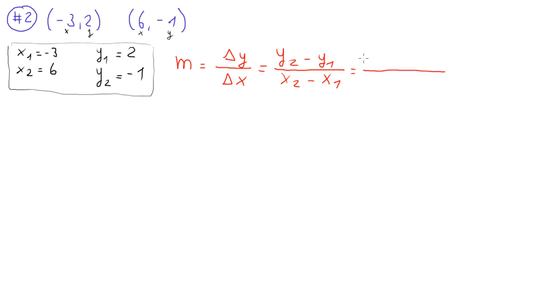So continuing in red, we have -1 minus 2, so it's going to be a negative slope. And for the x, we have 6 minus -3. Be really careful here.